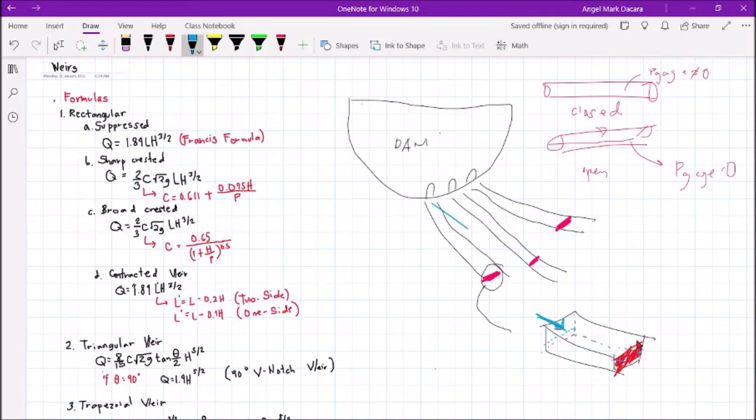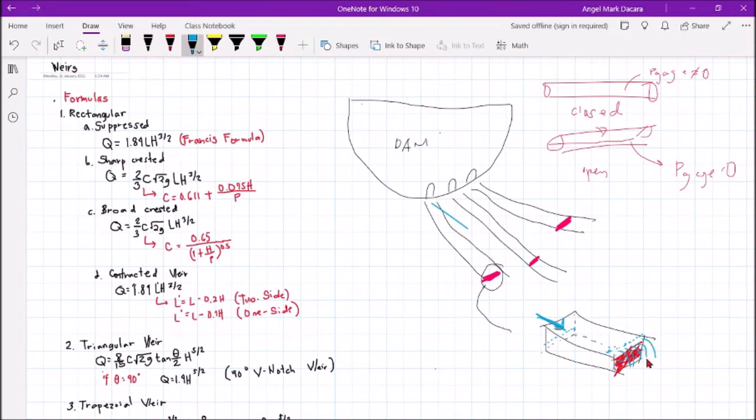Okay, aakyat yan doon sa may level nung Weir, okay? Hanggang sa ma-overcome niya yung height ng Weir. Okay, syempre kapag na-overcome niya na yung height ng Weir, syempre na-back up, naharangan yung tubig doon sa likod, it backs up. Tapos dahil doon sa harang na Weir, tumaas unti-unti yung water level hanggang sa ma-overcome niya yung height ng Weir.